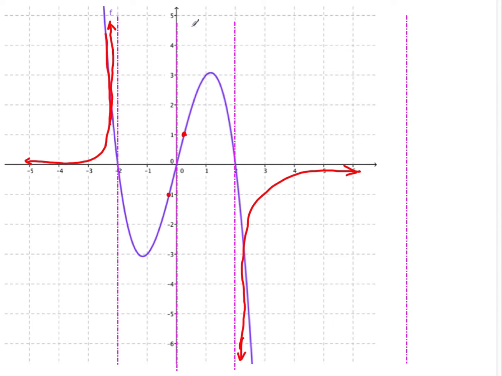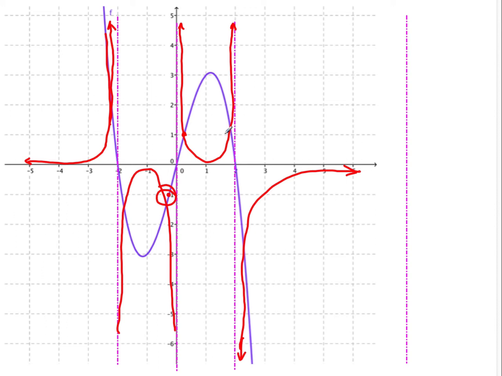So we can sketch that in. And it should have gone through there, but it didn't.